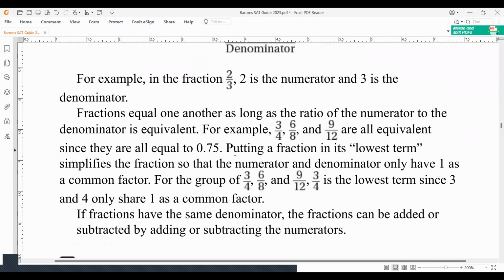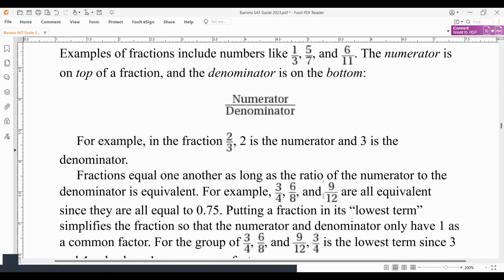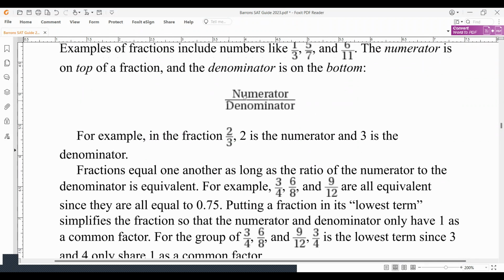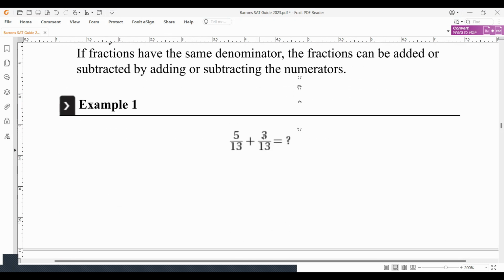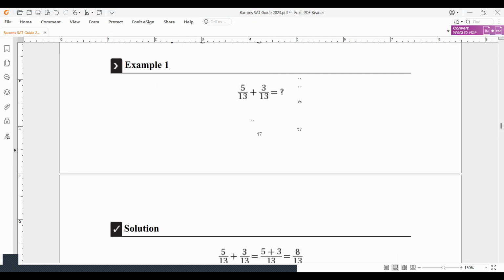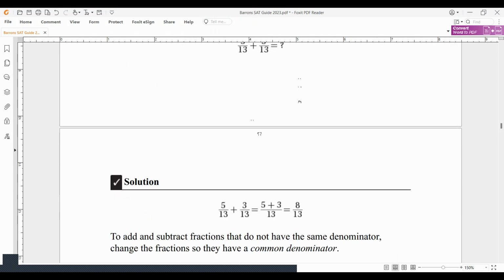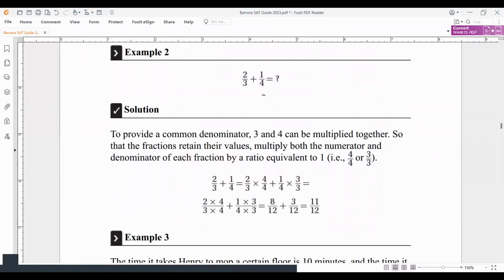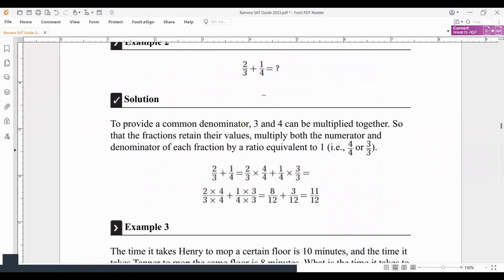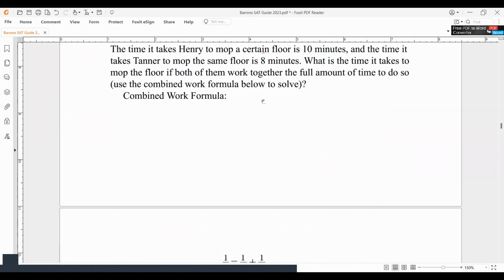The upper term is called the numerator and the lower term is called the denominator. We all know that, and we all know how to add. This is basically baby mathematics. I don't think we really need to go through this.